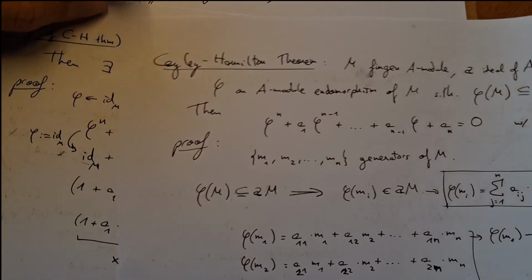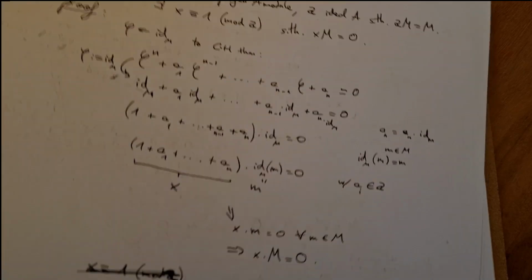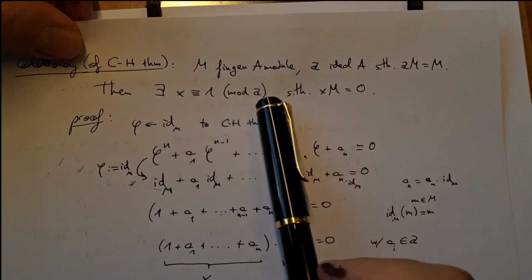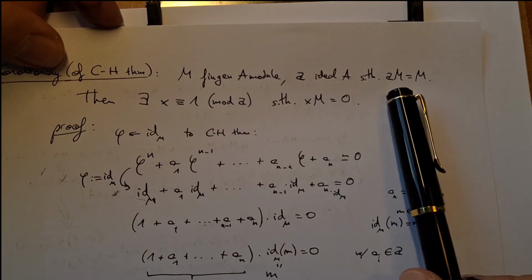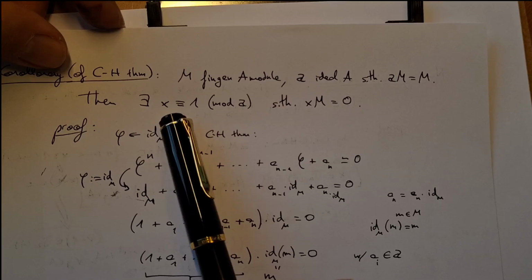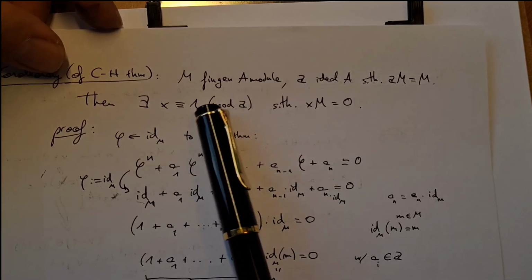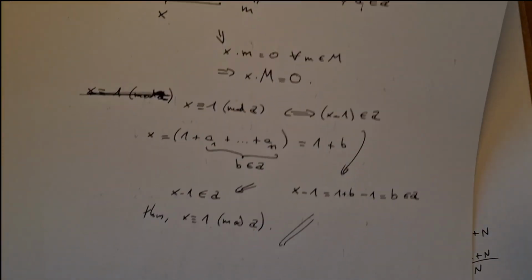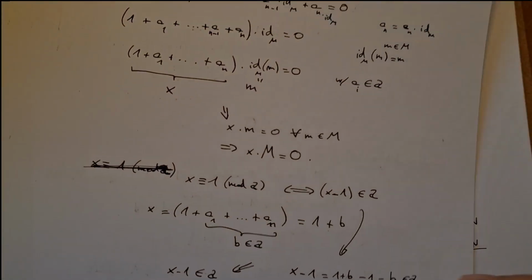Now, once we have this Cayley-Hamilton theorem, we can do this corollary, where we see that if there is this ideal such that AM equals M, then there exists this element x congruent to 1 modulo A, such that xM equals 0. This was quite short, actually.